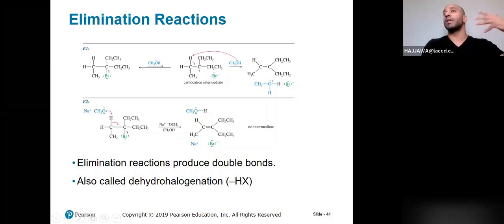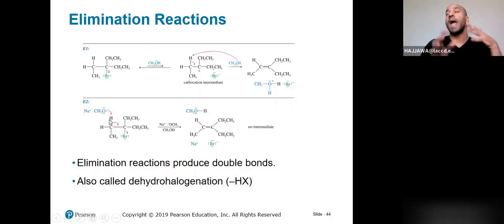It will be a concerted mechanism in which a strong base abstracts a hydrogen, and that hydrogen has to be on the alpha carbon adjacent to the C-X. We will get to a point where, what if I have more than one hydrogen on an adjacent carbon? There will be a rule to follow. But in this case, whether you pick the hydrogen from this carbon that's an ethyl or this carbon or that, it's the same.